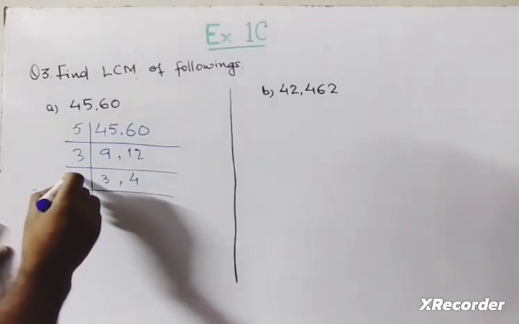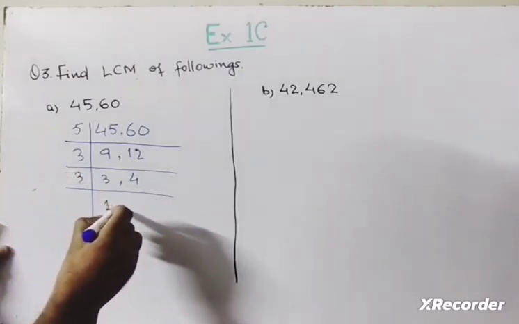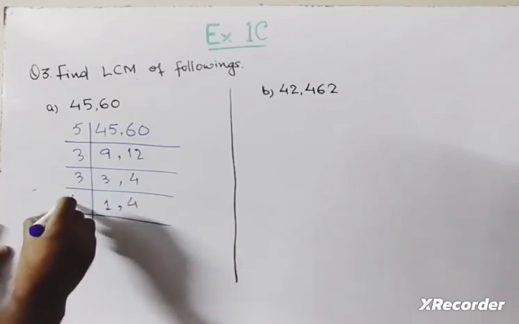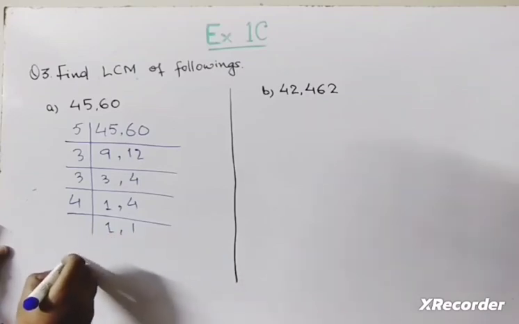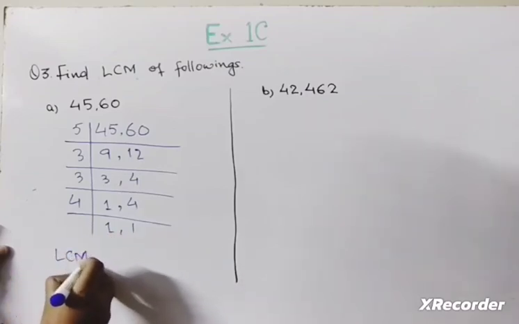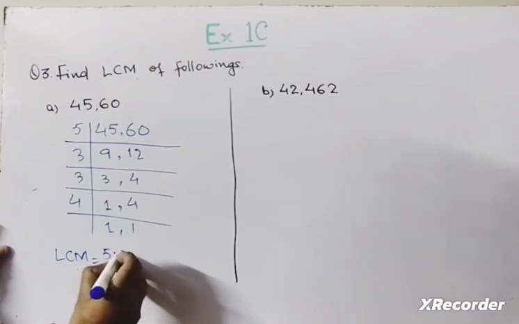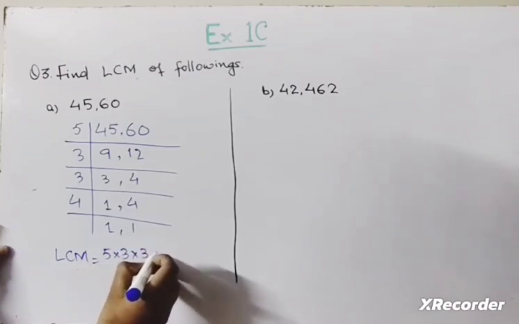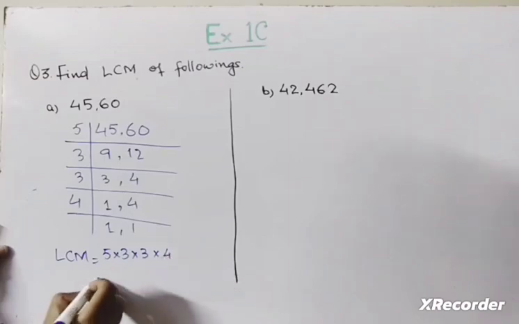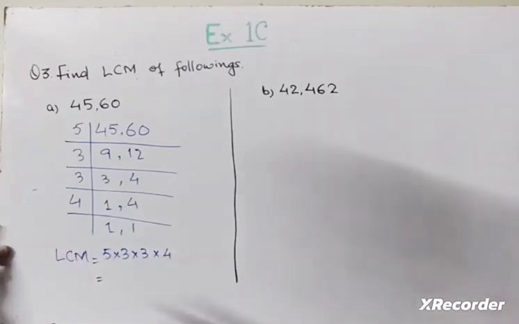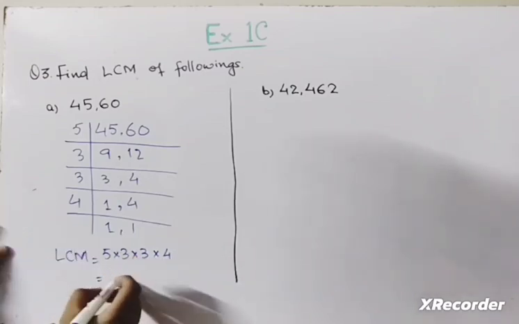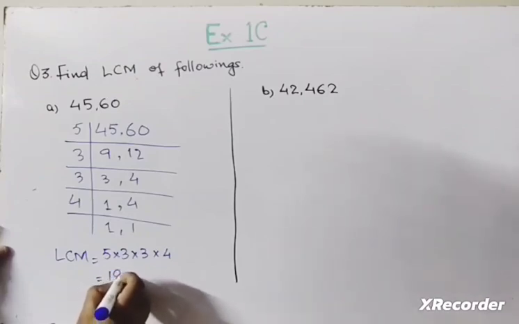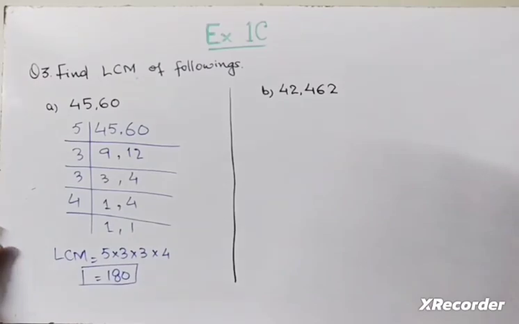So 3 times 1 is 3, and we write 4 as it is. Now 4 times 1 is 4. So the LCM will be 5 multiplied with 3 multiplied by 3 multiplied by 4. 5 times 3 is 15, 15 times 3 is 45, 45 times 4 is 180. That is our required answer.